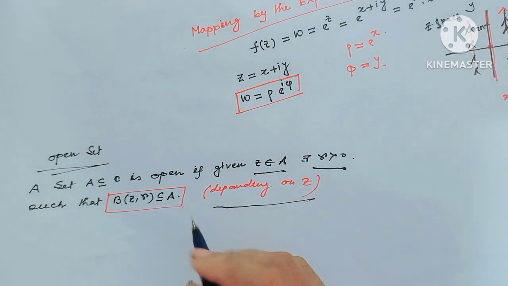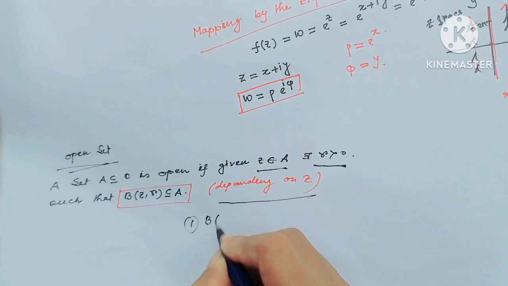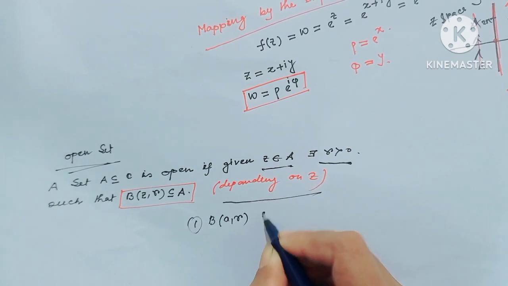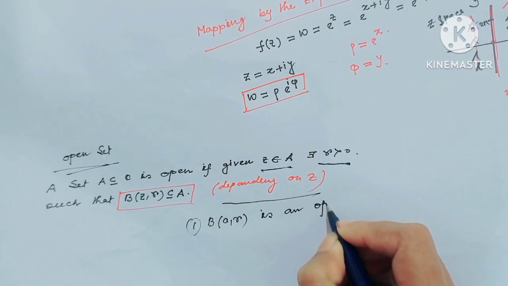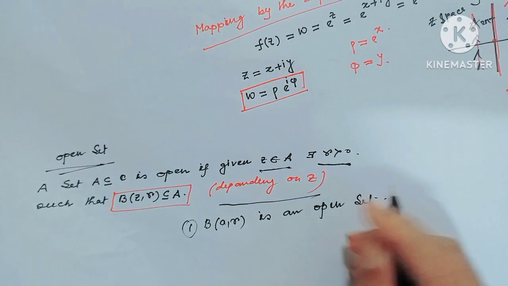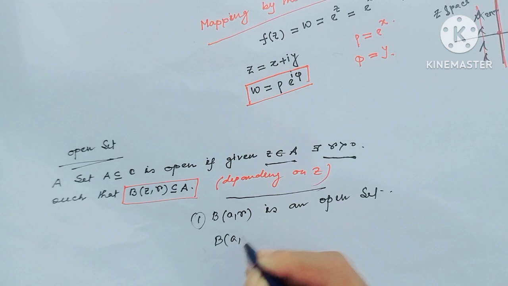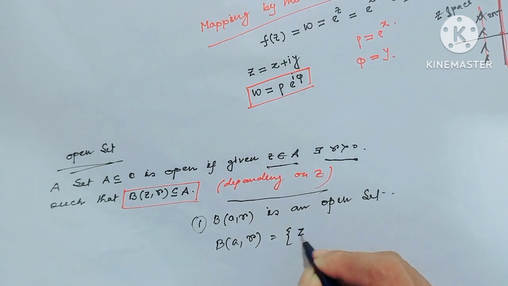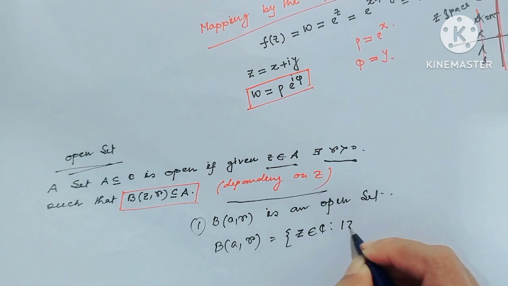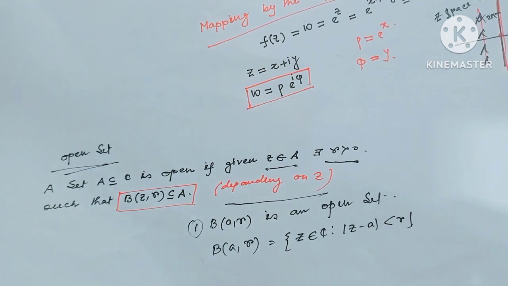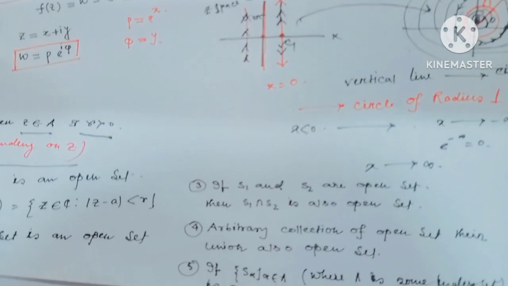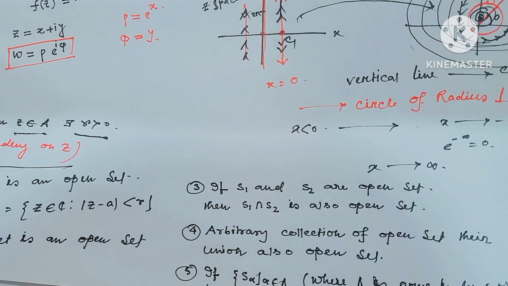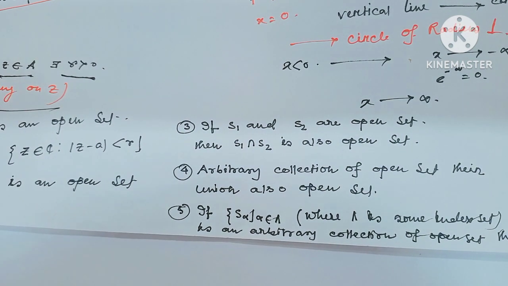Some examples of open sets: a ball of radius r with center A is an open set, the set of z in C such that mod z minus A is less than R. The empty set is always open, and if S1 and S2 are two open sets, then their intersection is always an open set.